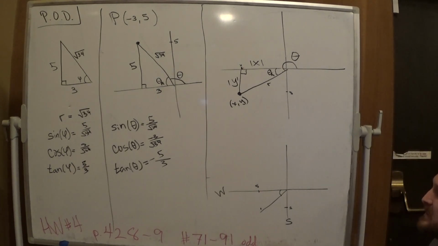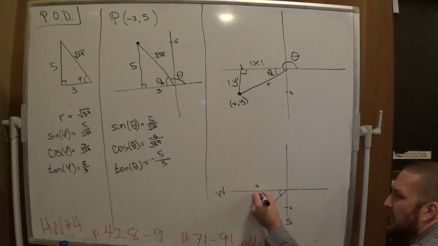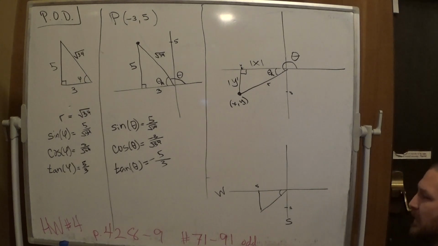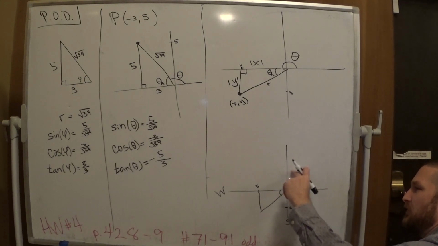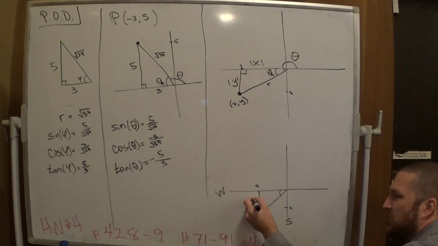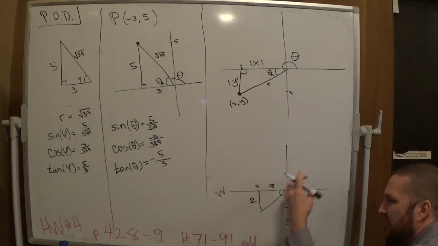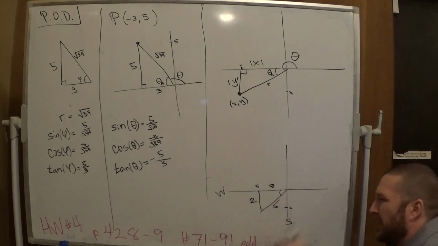Again, I guess I did put a coordinate system there. But really, this is how you're going to set it up. You're not going to be thinking about what that is in reference to this. Really, this is what you're thinking about. That's a 2, that's a 5, and so this is whatever it is.